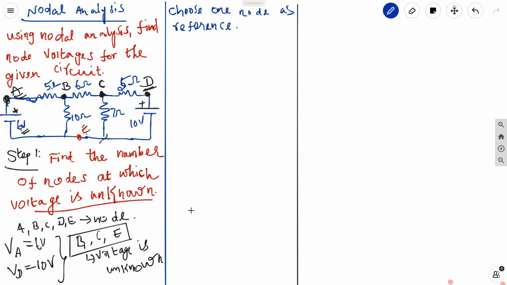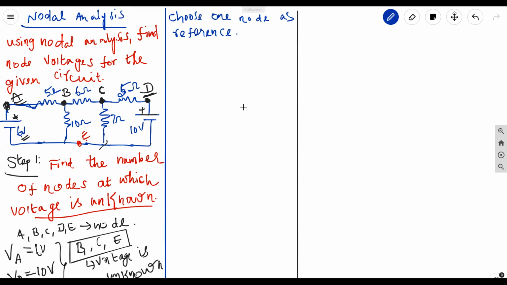See, reference means it is a ground node, and you see that in your house also. If you see your house, the entire electrical apparatus is grounded, or earthed to the ground terminal. The purpose is to protect all the electrical apparatus and also protect humans from electric shock, right? So, for safety purposes, all electrical circuits must be grounded.